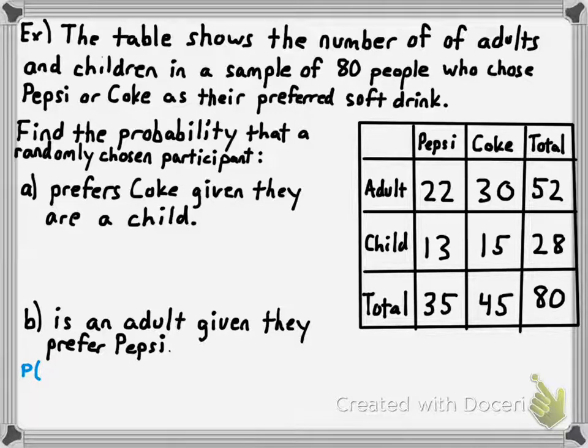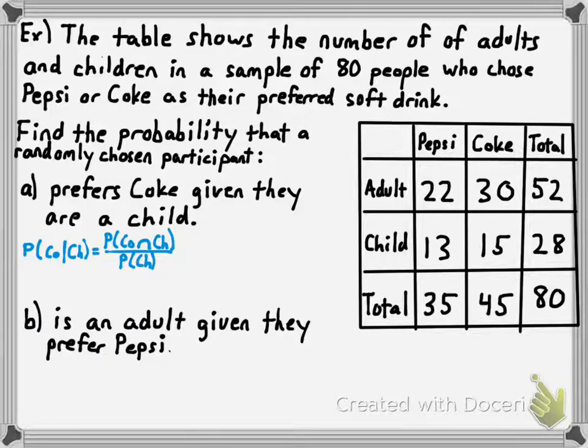Okay, so the probability of Coke, I'm going to use that CO because I also have CH for child, given that they are a child, would be equal to the probability that somebody chose Coke and they were a child, divided by the probability that they were a child.